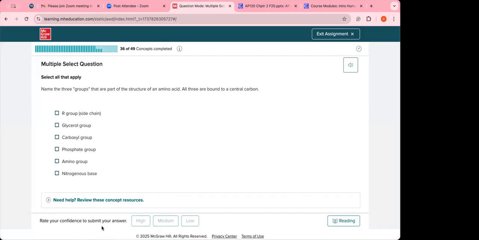Name the three groups that are part of the structure of an amino acid. All three are bound to a central carbon. An R group, a side chain, a glycerol group, a carboxyl group, a phosphate group, an amino group, and a nitrogenous base. So think about chemically what makes an amino acid.